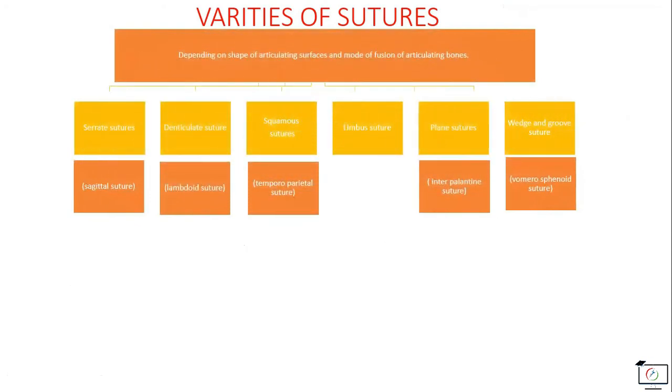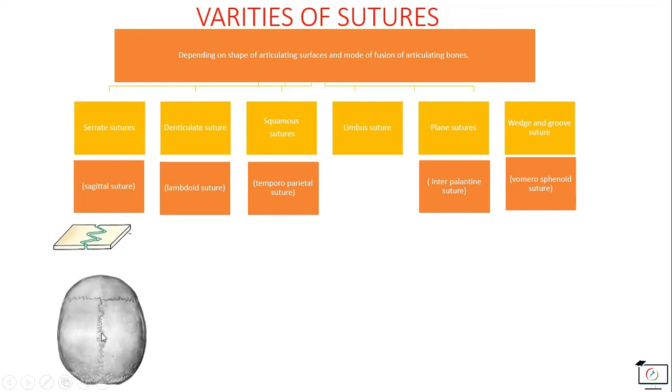There are many varieties of sutures depending on the shape of the articulating surfaces and the mode of fusion of the articulating bones. The serrate suture has saw-shaped articulating surfaces. The example is the sagittal suture. The denticulate suture has teeth-like articulating surfaces.